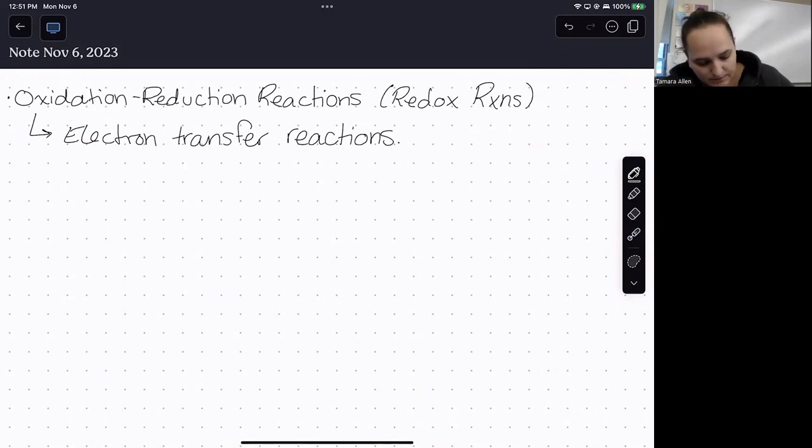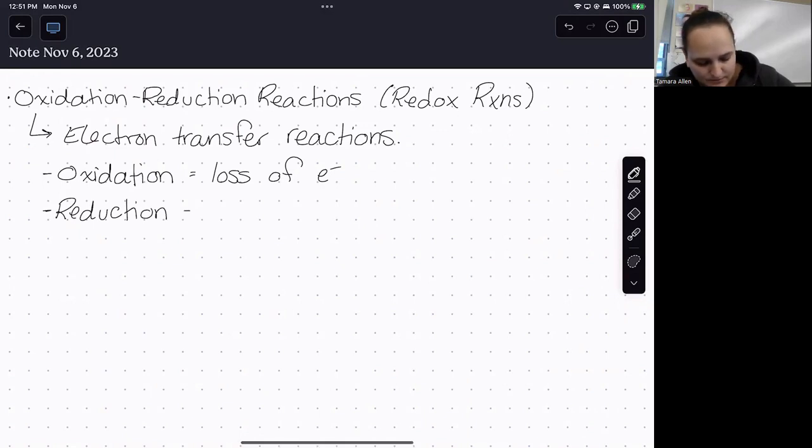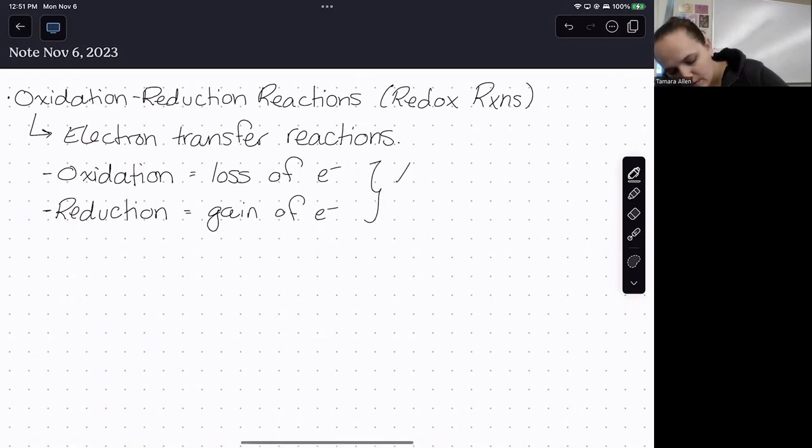So oxidation, specifically, when we think about it by itself, is a loss of electrons. And reduction is a gain of electrons. These two things must always happen together because your electrons need somewhere to go.